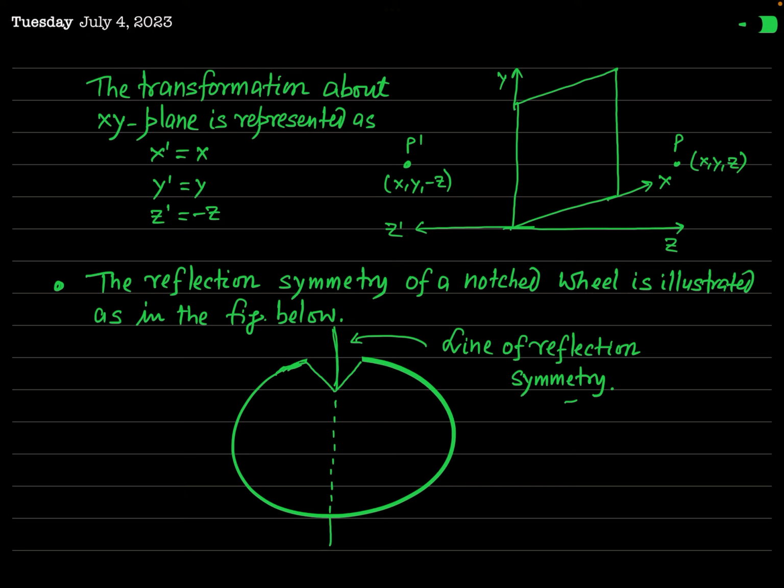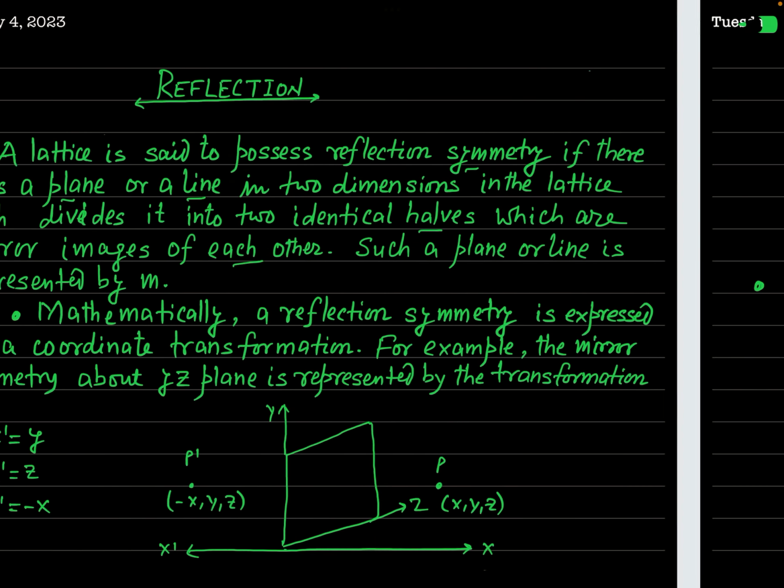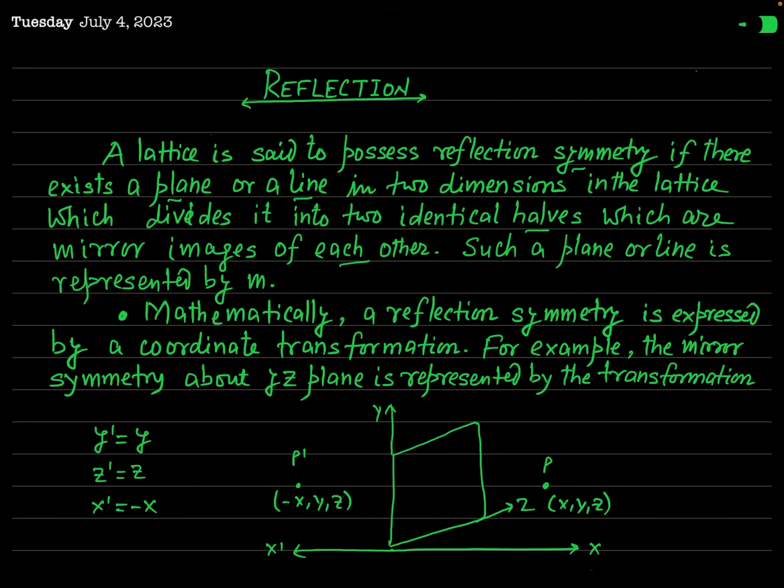This is called the line of reflection symmetry, and you can see that the part of the wheel on the right side of this line and the part on the left side appear as mirror images. So this figure illustrates the reflection symmetry of a notched wheel.